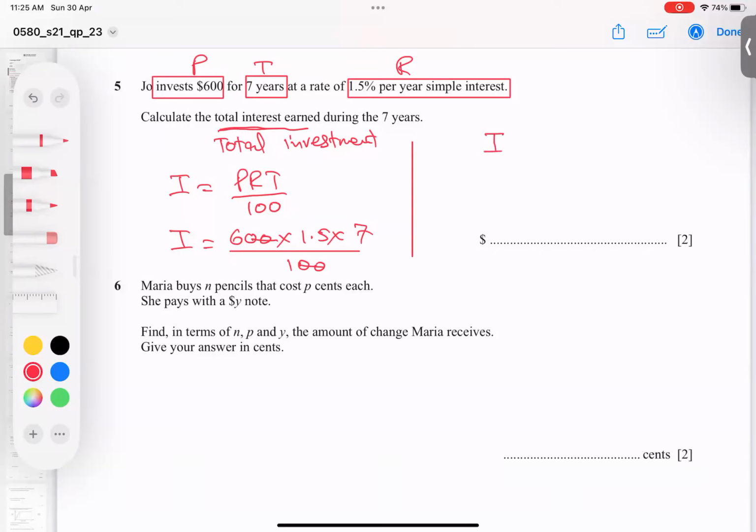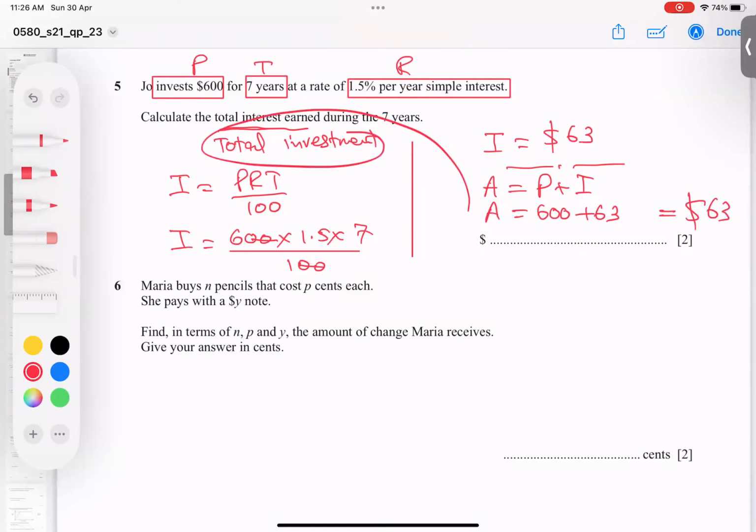So I is $63. So that question is over, but I'm teaching some extra. If he asks you the amount, the formula is A equals P plus I. A is amount, P is investment, I is profit. So P is investment, 600. Although this is not a part of this question, I'm just teaching extra. So it is $663 if he asks you the total at the end of 7 years.